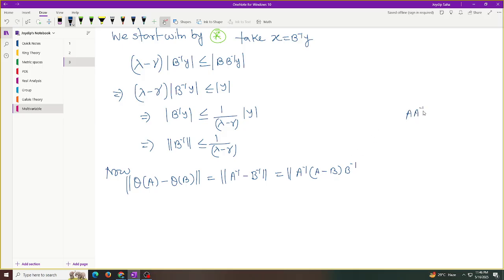A inverse minus A inverse B inverse, that is identity, minus A inverse B inverse A, that is, I should write B minus A, then it is correct.